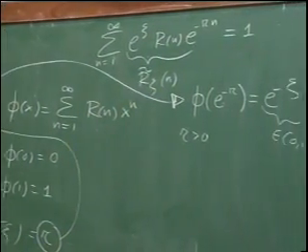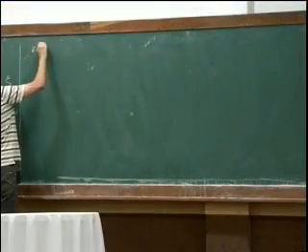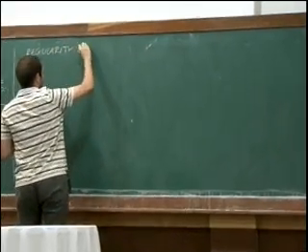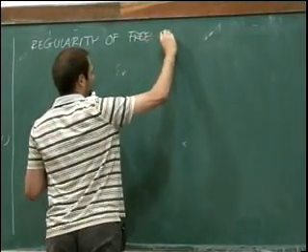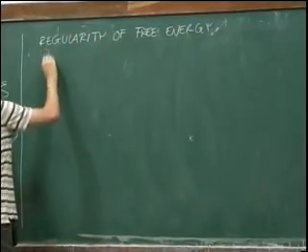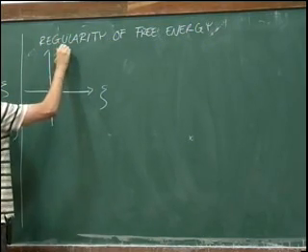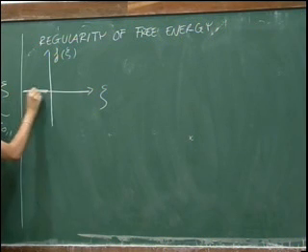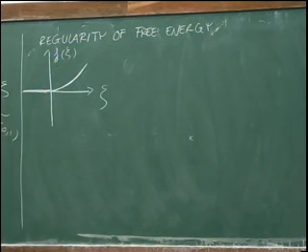Regularity of the free energy. This is zeta, this is f of zeta, and I make a drawing. It is 0 for negative zeta, and then becomes positive. It's also convex.